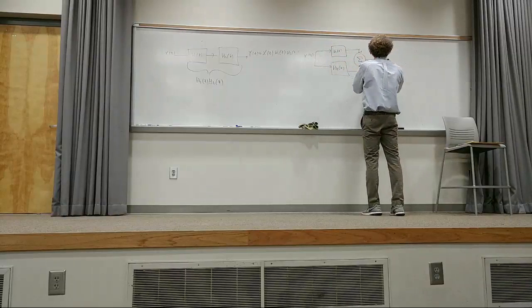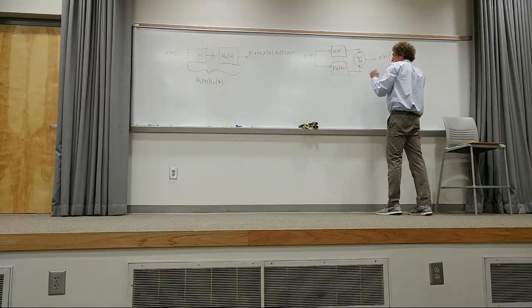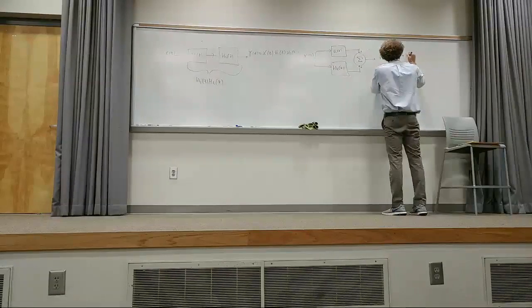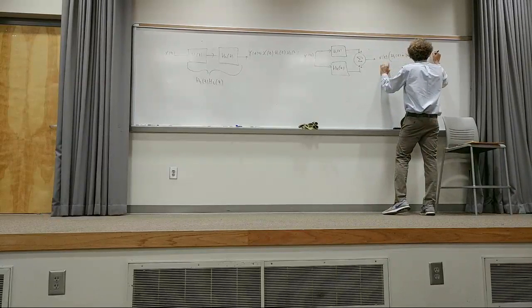My output here would be simply X of z times H1 of z, plus X of z times H2 of z, or just H1 of z plus H2 of z, and that would be my Y of z.